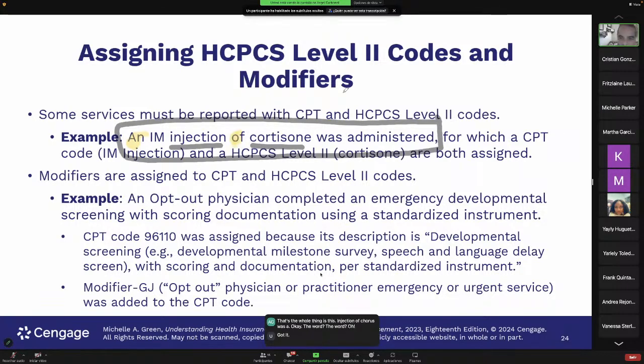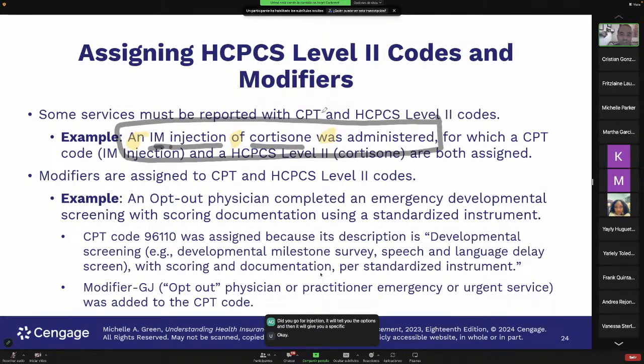And then the administration of it. So the injection is given. The only thing we don't have is the IM. If you look for injection, it will tell you IM, IV, sub-Q, whatever it is. The most important word is injection. If you go for injection, it will tell you the options and give you a specific code.